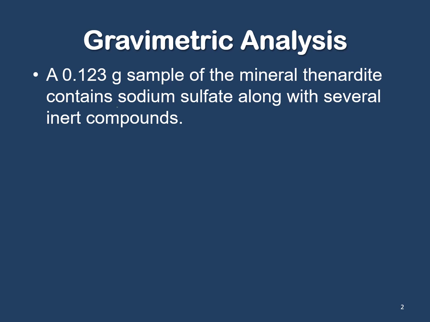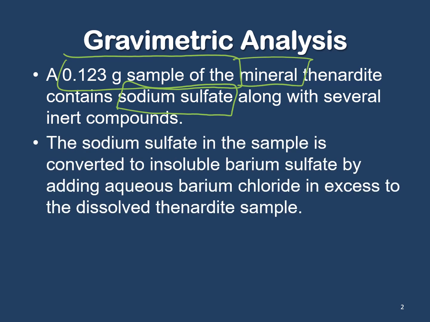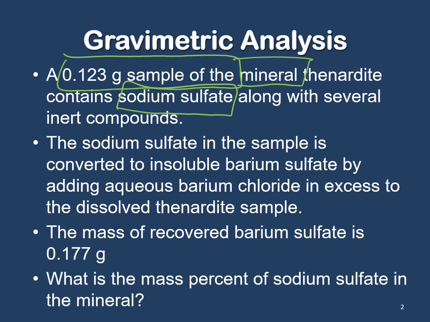So effectively, we're going to be focusing on our sodium sulfate and the fact that we have a 0.123 gram sample of the mineral. We want to know what the percent mass of sodium sulfate is in this mineral. So what we do is we do gravimetric analysis. Just like in the previous picture, we're going to add barium chloride because we know barium chloride, when added to sodium sulfate, will form a precipitate, being barium sulfate.